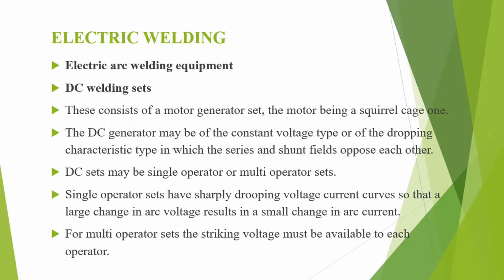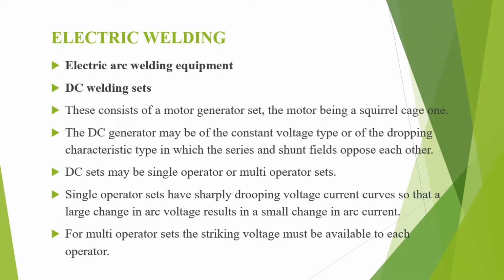In electric arc welding equipment, we have two types: DC welding sets and AC welding sets. DC welding sets consist of a motor generator set, the motor being a squirrel cage one. The DC generator may be of constant voltage type or of dropping characteristic type, in which the series and shunt fields oppose each other.